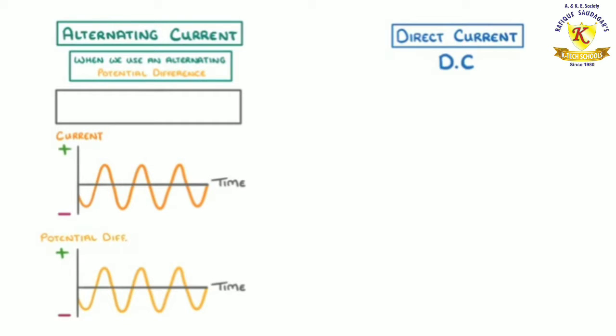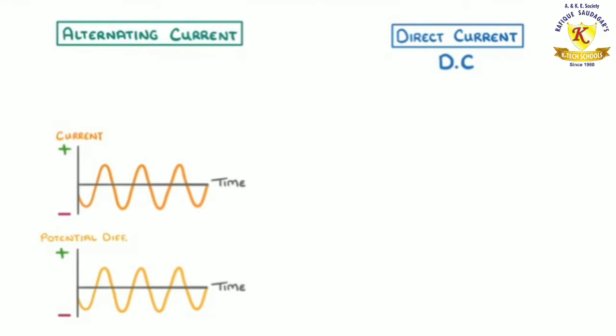They constantly fluctuate between negative and positive in a circular loop. This means that the direction in which the charge is flowing will constantly swap back and forth.